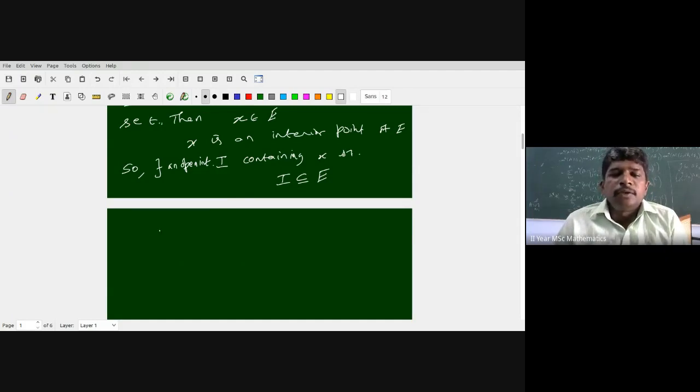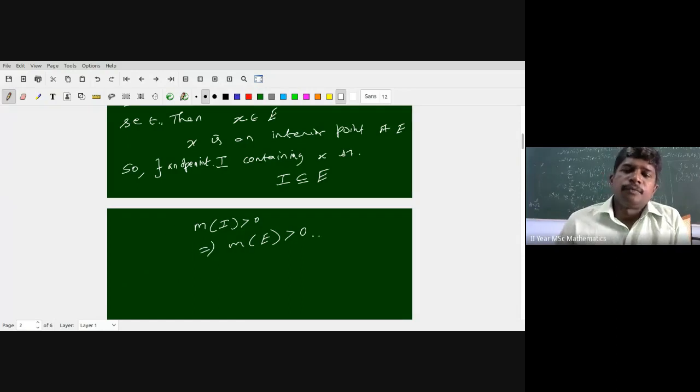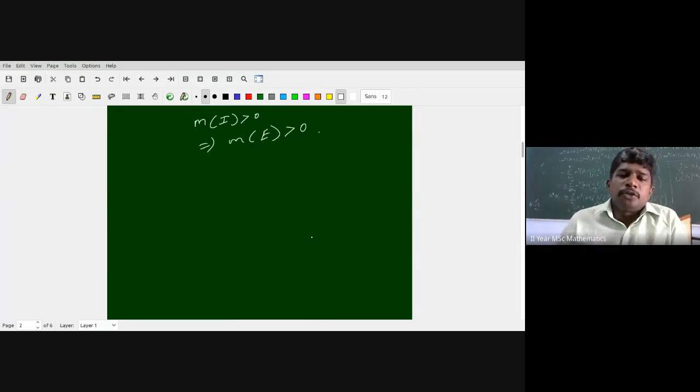It is of the form x minus epsilon, x plus epsilon, something like this. So M of I is positive, which implies M of E is positive, as M of E is bigger than M of I. So every non-empty open set has positive measure.